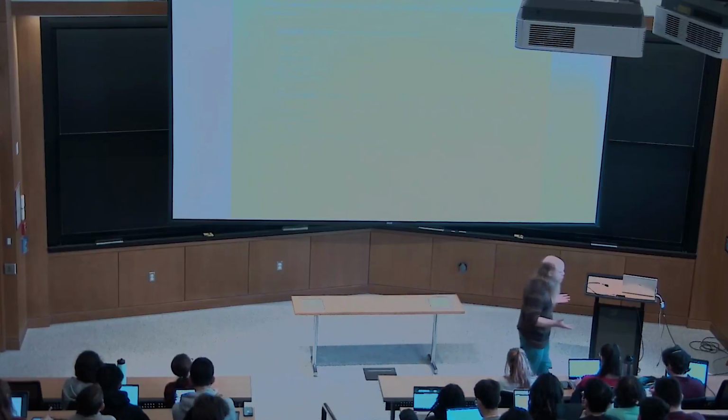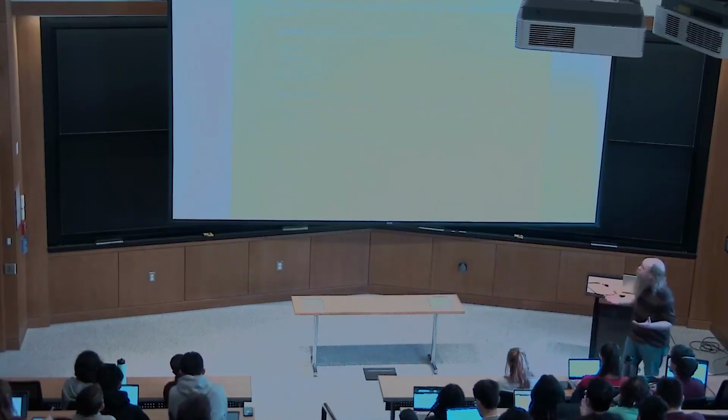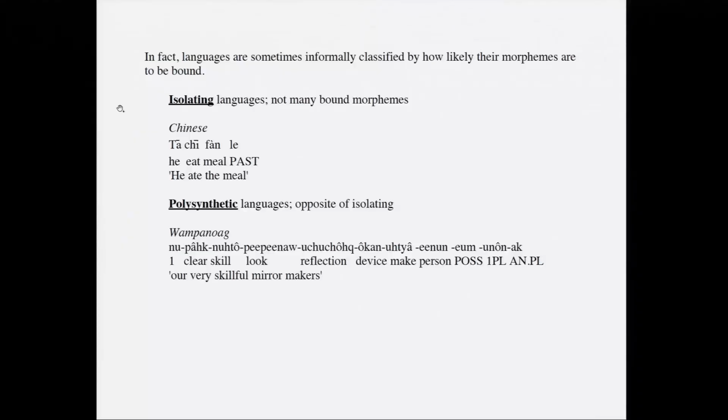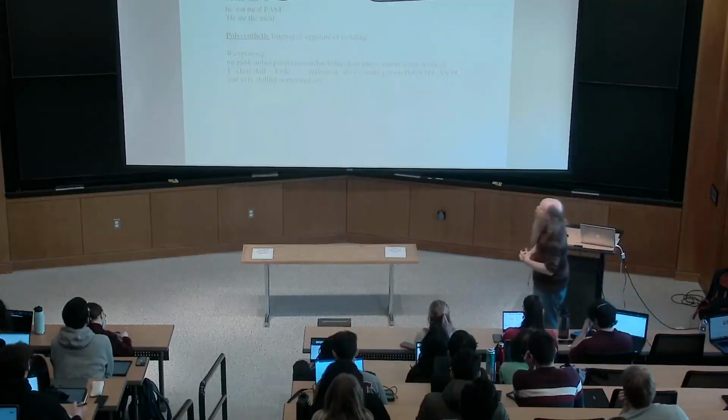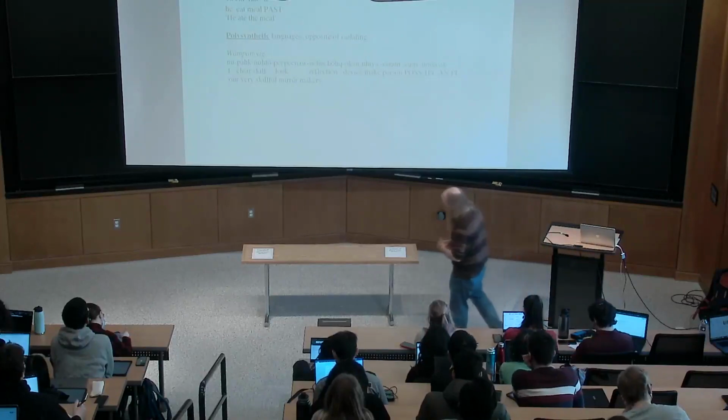There are languages out there, Mandarin is sort of the poster child for this, that just are not into bound morphemes. So all of the morphemes are free. They don't have to be attached to anything. So Chinese, he ate the meal, consists of 4 freestanding words. Doesn't have prefixes or suffixes mostly. There are a few things in Mandarin that people argue about whether they might be suffixes or not.